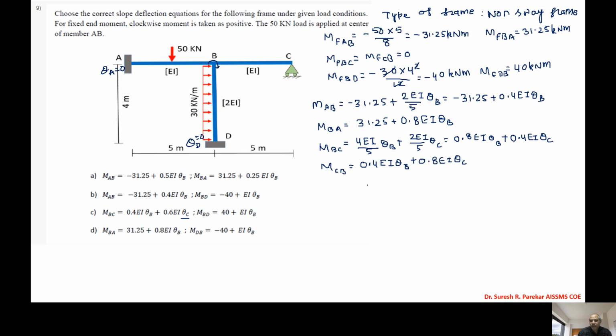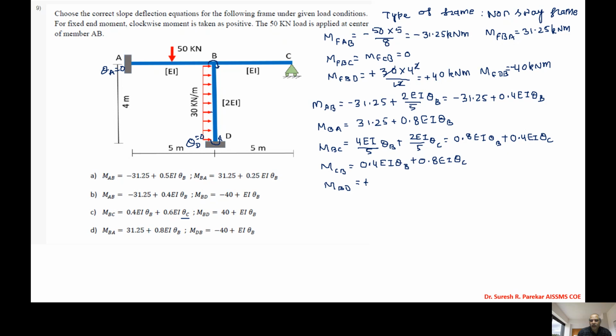Then for MBD, the fixed end moment MFBD, as we have seen, should be plus, because we have clockwise MBD, and the other one is minus because about D we have clockwise, so the fixed end moment is anti-clockwise.